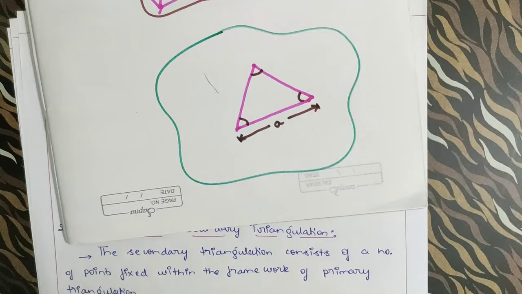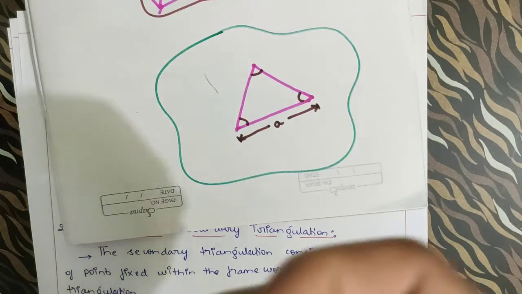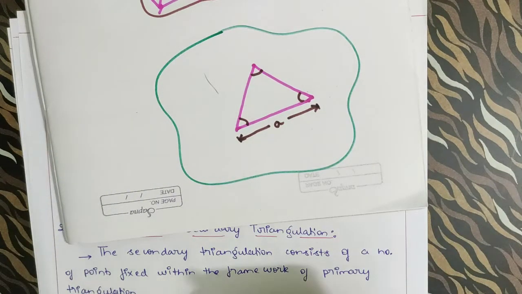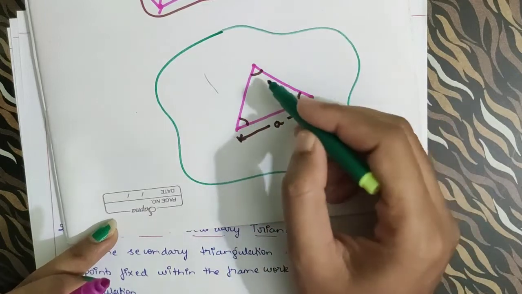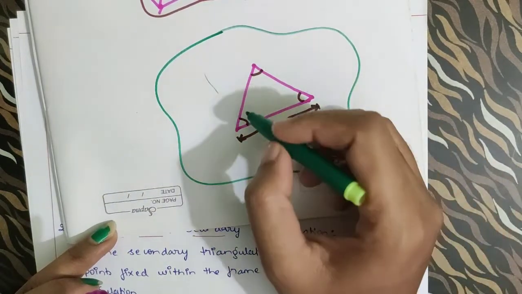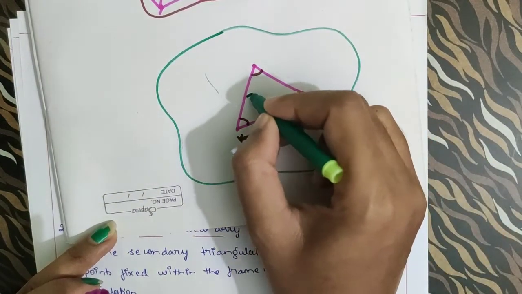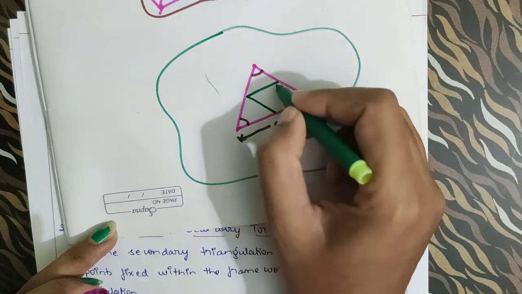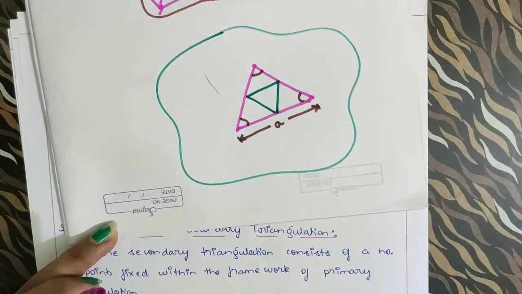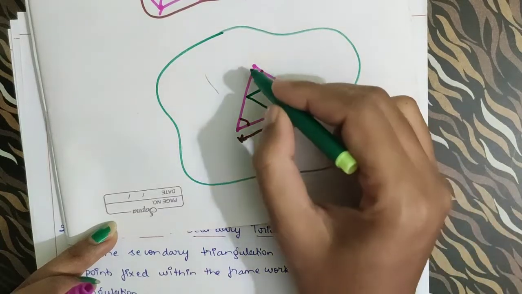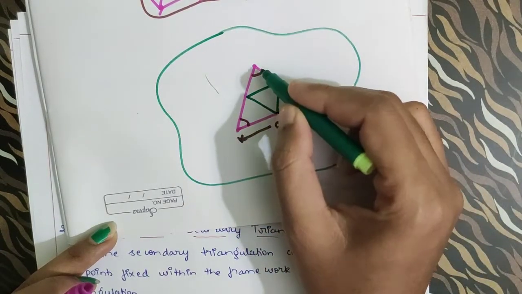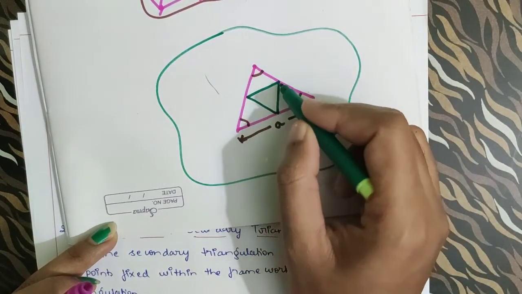Here this connects the secondary triangulation. It is nothing but primary triangulation. It consists of secondary triangulation. It is like this. See, this is your first order triangulation and this is your second order triangulation.